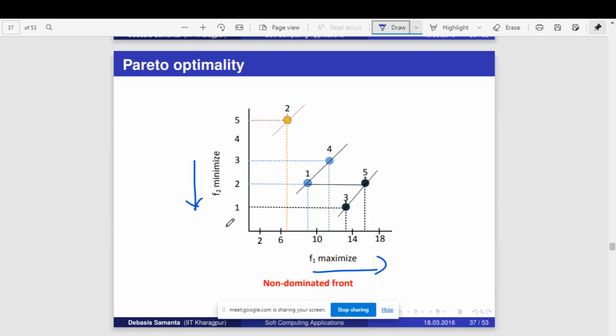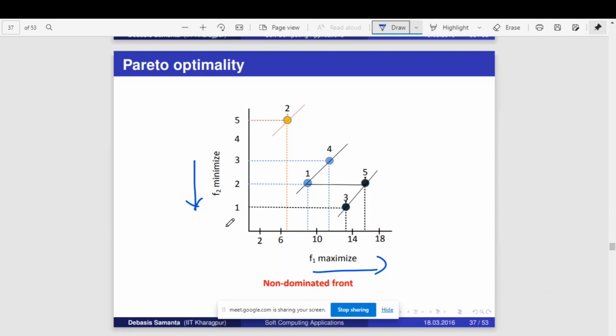Maximize f1, minimize f2. So towards which direction should it be? Yes, it should be towards right and down. Such a solution is called a better solution.